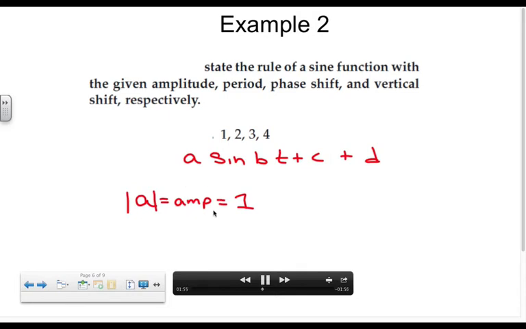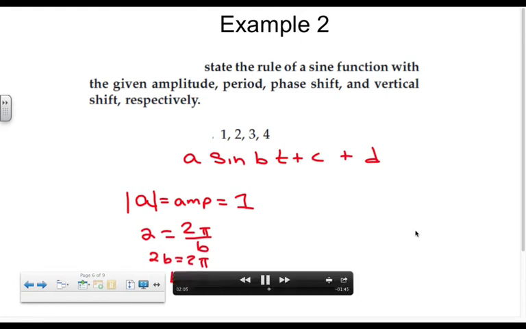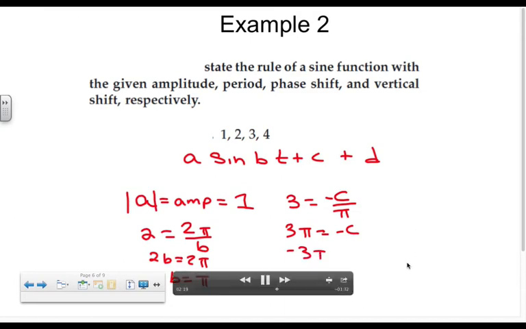Now to find the period, we say 2, which is the period, equals 2 pi over b, and solve for b. With these ones we have to work backwards. So b is equal to pi. Now we look at c. 3 is going to equal negative c over b.